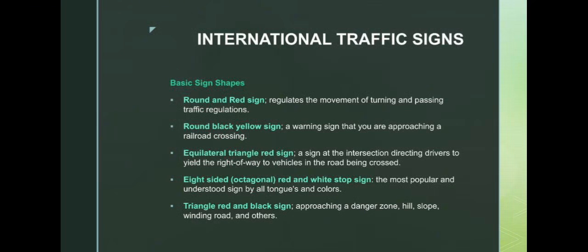The eight-sided, or octagonal, red and white stop sign is the most popular and understood sign by all tongues and colors. Triangle red and black signs indicate approaching a danger zone, hill slope, winding road, and others. These are the basic sign shapes of international traffic signs. What are the classifications of international traffic signs?